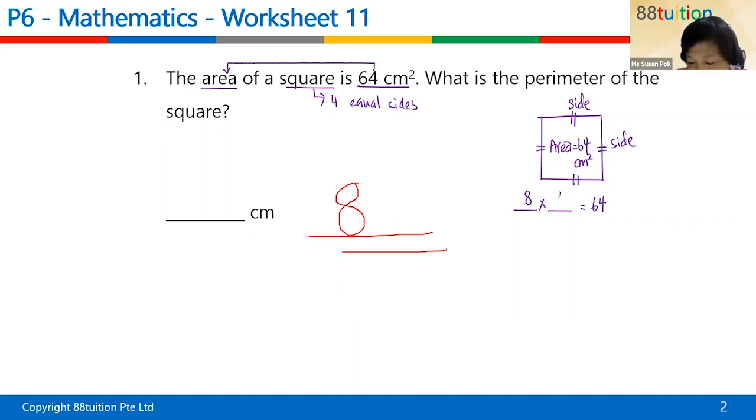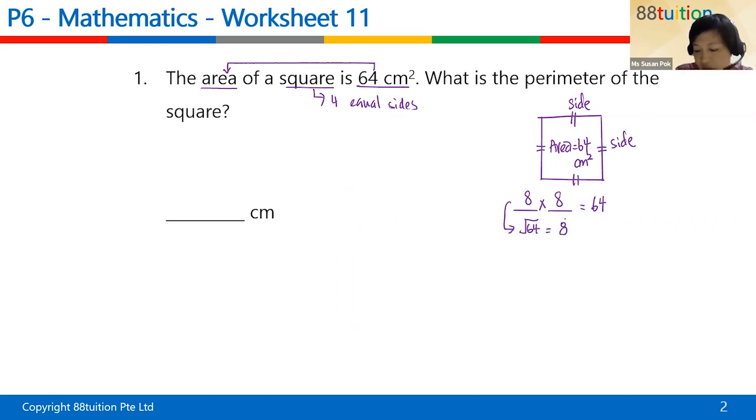Very good, 8 times 8. This is easy because you know the times table very well. But to be exact, how you get down to 8 is the square root of 64, and that gives you 8. So my side is 8.